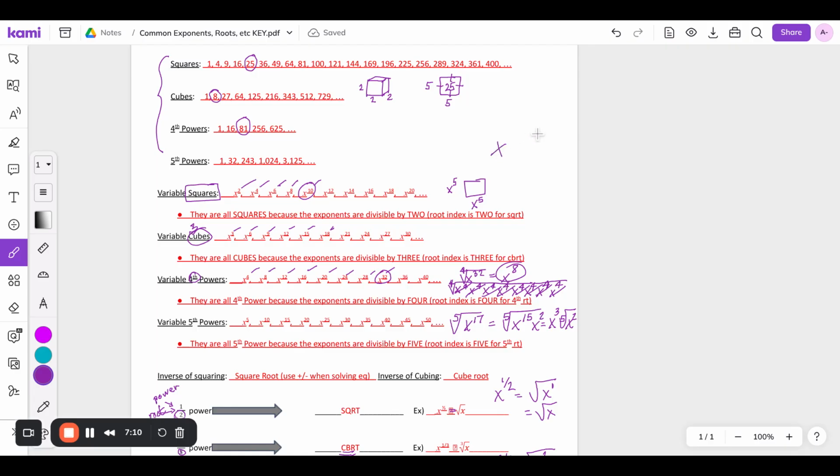Any variable to an exponent that is divisible by 3, say 27, that is a perfect cube, because 27 divided by 3 is 9. Of course, if that was the fourth root of x to the 27th, all bets are off because 27 is not divisible by 4. If you have any questions, let me know.